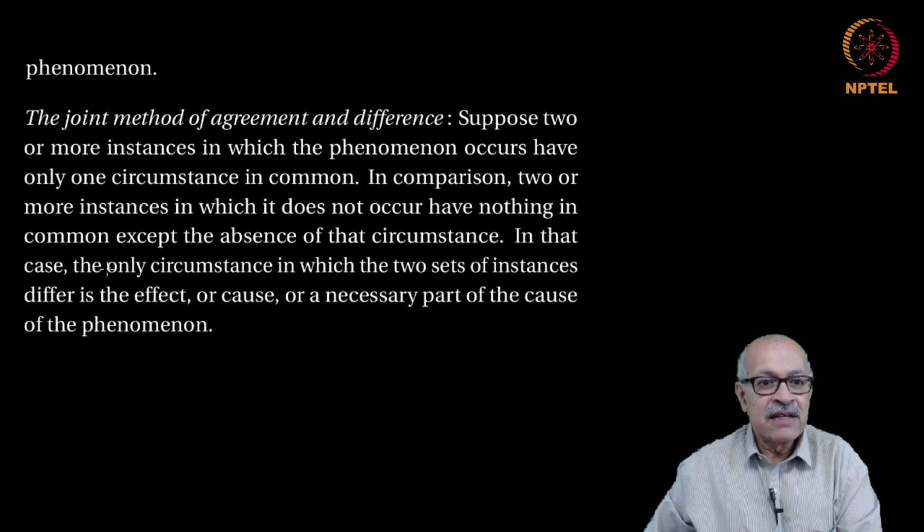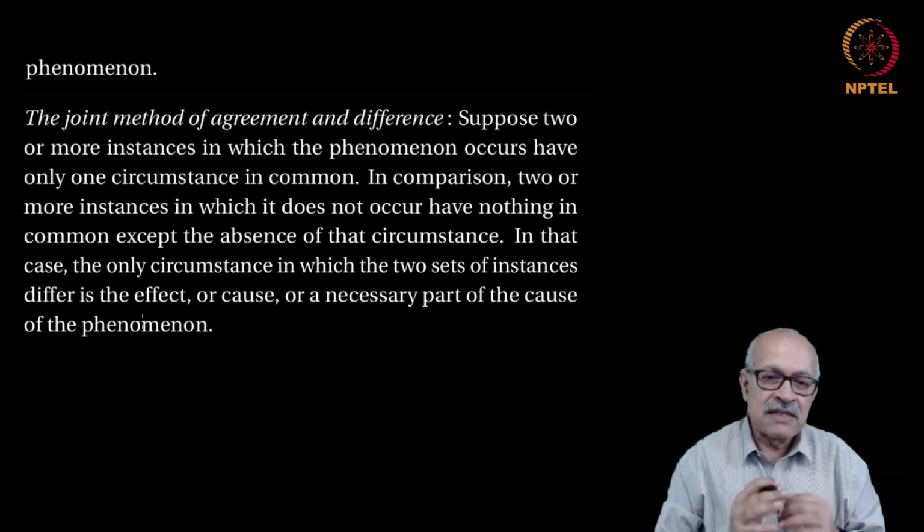In that case, the only circumstance in which the two sets of instances differ is the effect or cause, or a necessary part of the cause of the phenomenon. Now, let us understand.